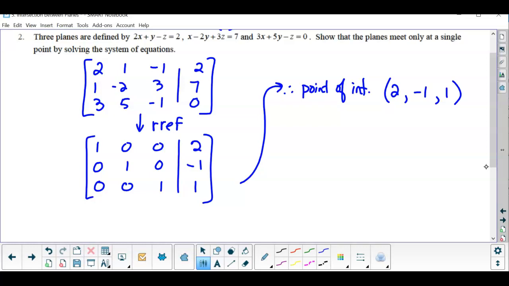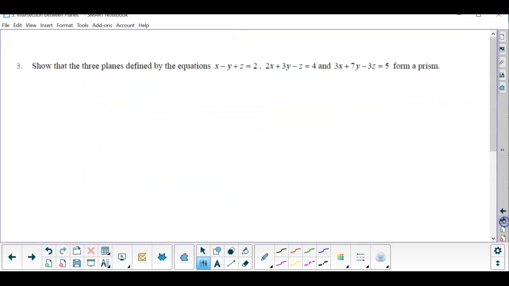Okay, if you turn over to question 3, again, it tells you what the orientation of the planes is going to be. It says, show that the 3 planes defined by those equations form a triangular prism.